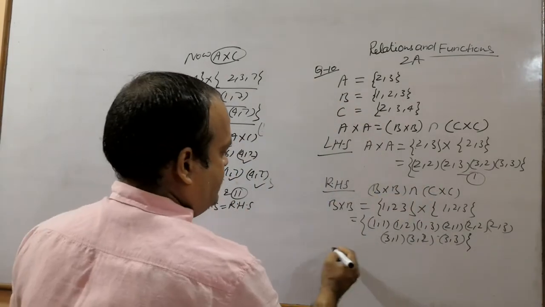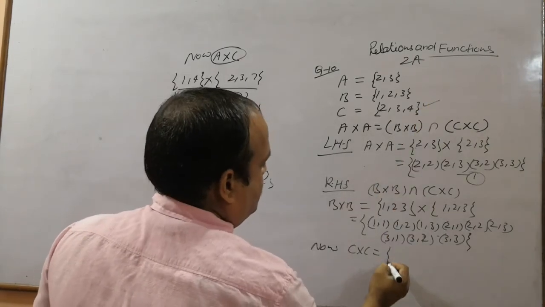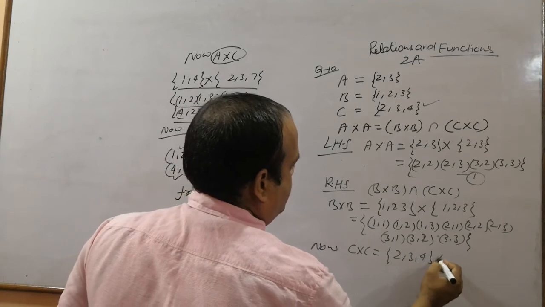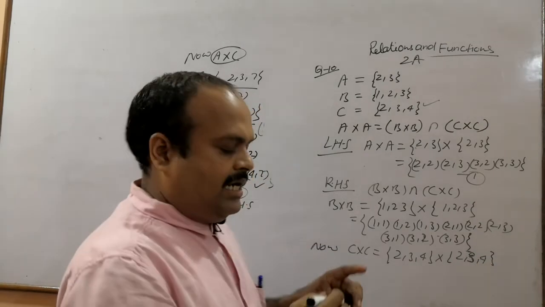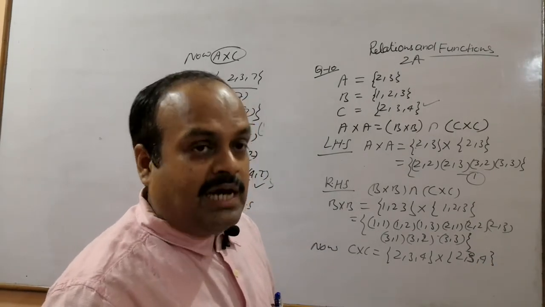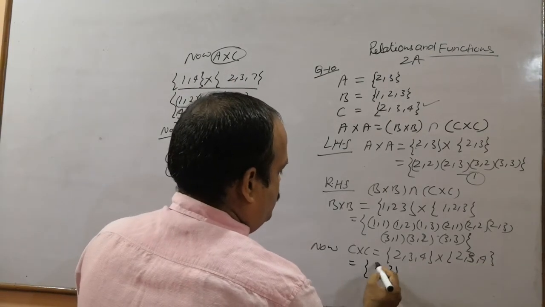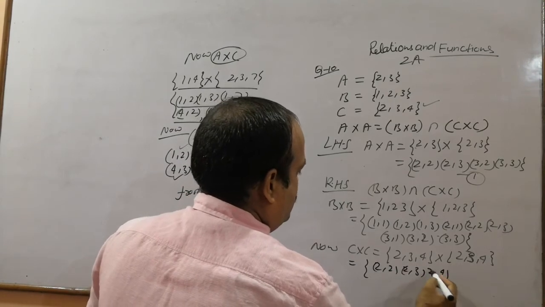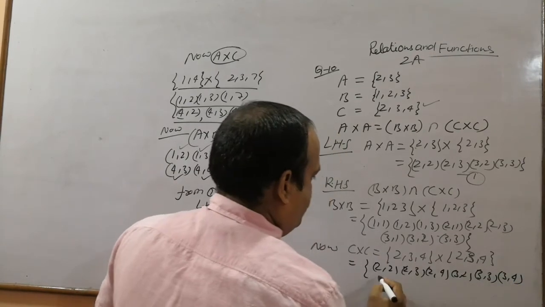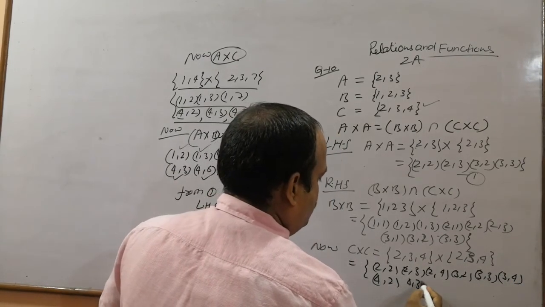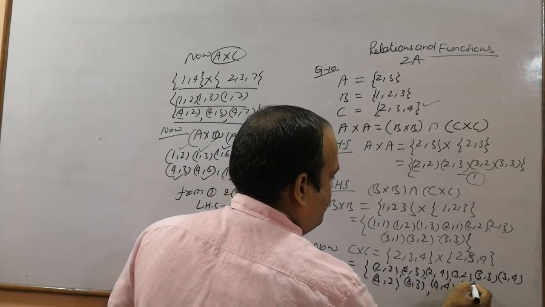Now C cross C. C has 3 elements, so {2, 3, 4} cross {2, 3, 4}. We will get 9 elements in C cross C, and these are (2, 2), (2, 3), (2, 4), (3, 2), (3, 3), (3, 4), (4, 2), (4, 3) and (4, 4).